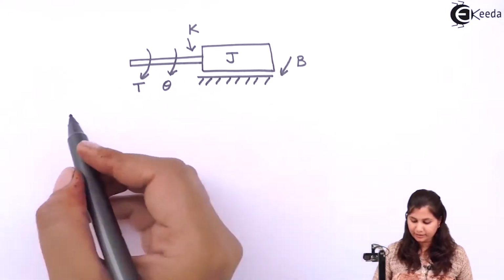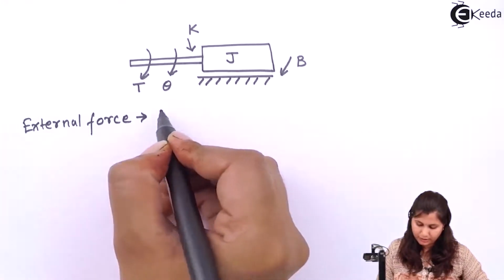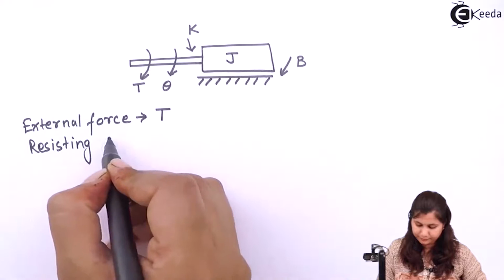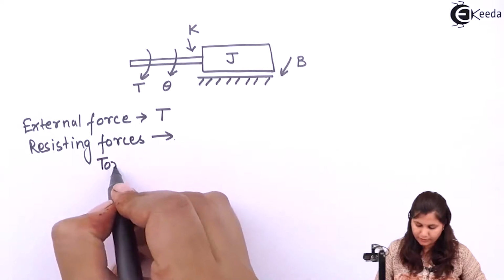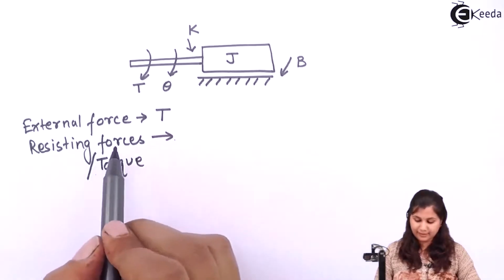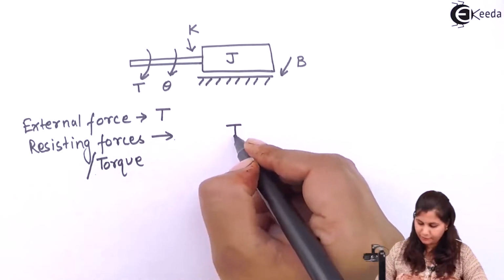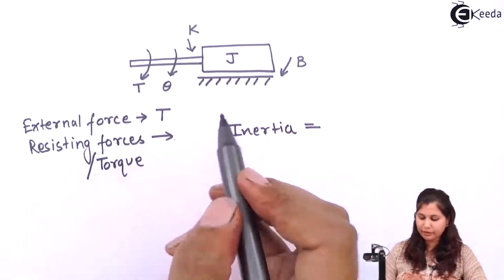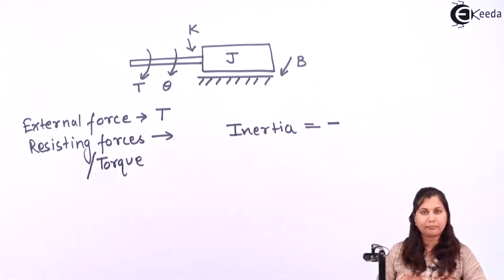So let's write the external force in this case as T, and the resisting torques, we can say, because in a rotational mechanical system, instead of force we use the term torque. So the resisting torques are, first, inertia, and because these resisting forces are opposite in direction to the external force, we will consider a minus sign here.